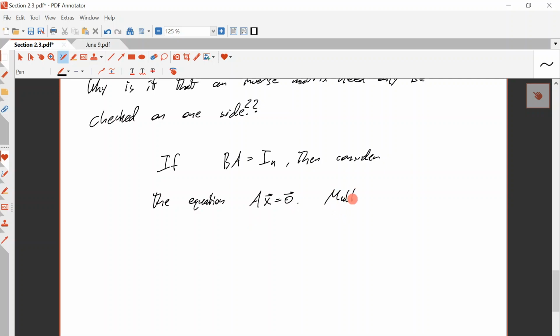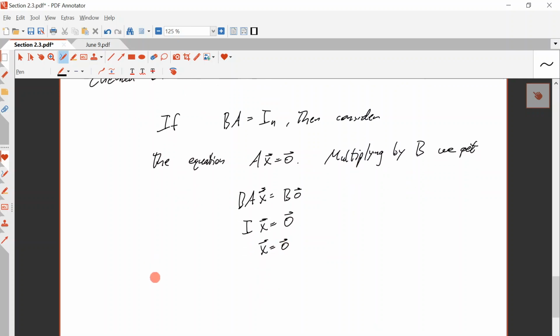Multiplying by B, we get that BAx is equal to B0. But BA is equal to I, and B times 0 is equal to 0. And then I times x is equal to x, so x is equal to 0. Right?